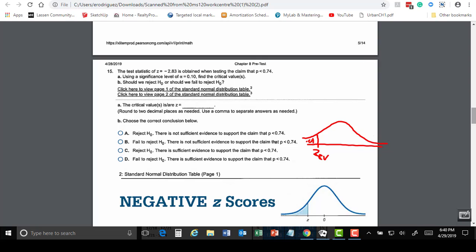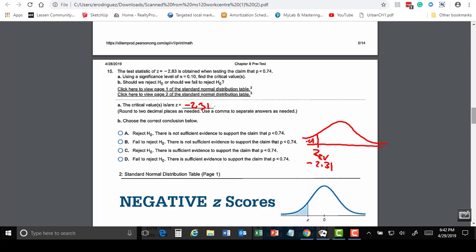So here it is here, I got 0.001. No, I want 0.01. 0.03, 0.01, 0.0107. I got like 2.3, minus 2.3.